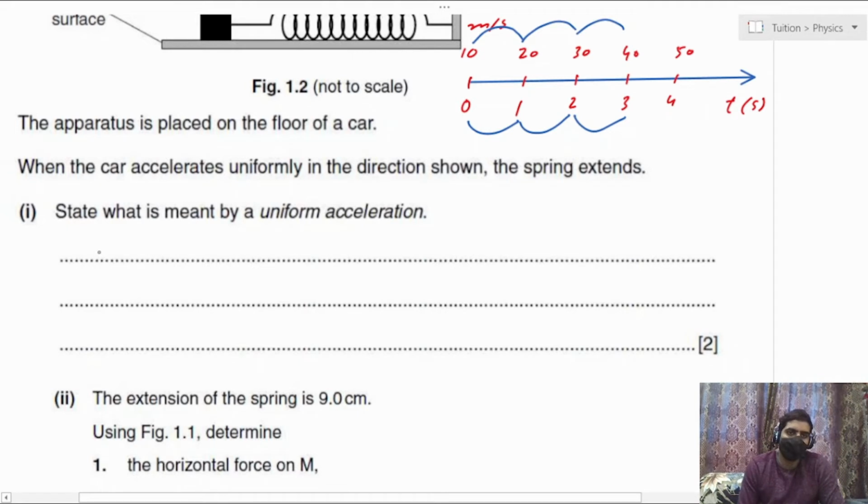Now you have to phrase it. Speed or velocity, once again in that case, means the same thing. The velocity of the object increases at a constant rate.